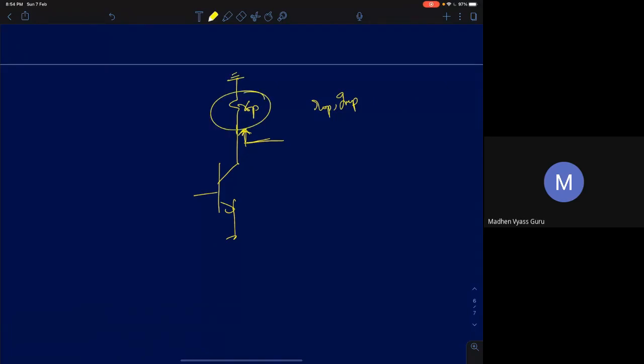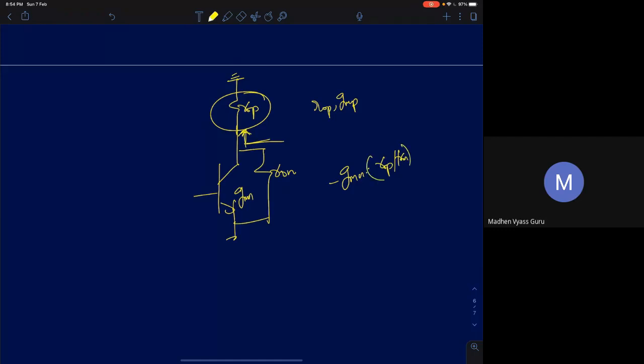Then this ROP will come in parallel with RON. So the gain is going to be minus GMN, the transconductance of the NMOS, into ROP parallel RON. Because ROP will generally be comparable to RON, the gain will not reduce much. It will reduce by a factor of half.